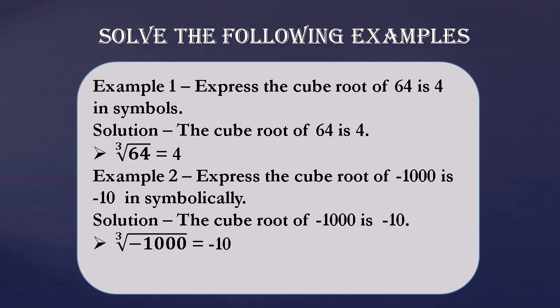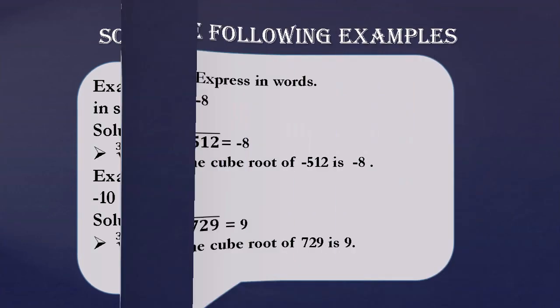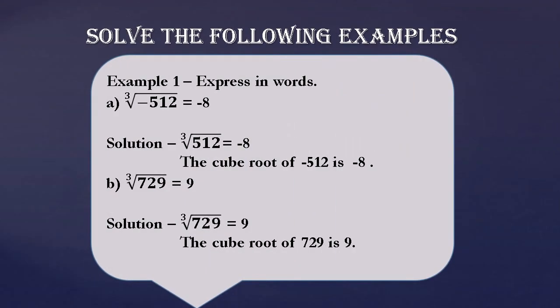We can represent it in symbols as shown here on the screen. How will you express the symbol shown here in words? In words, the cube root of minus 512 is minus 8. Cube root of 729 is 9.